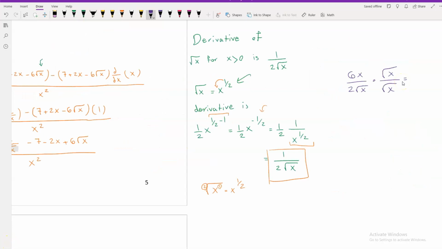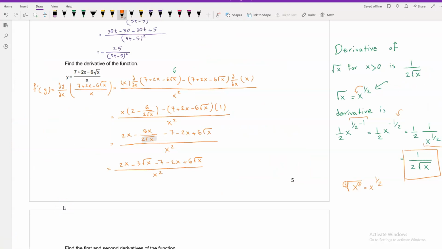So multiplying 6x divided by 2 times square root of x by square root of x, both numerator and denominator, on top we have 6x times square root of x, and the denominator is 2 times square root of x times square root of x, which is x. So simplify: 6 divided by 2 is 3, x divided by x is 1, and we have square root of x. So this is what we have for that part. It's 3 times square root of x. This is what we have here in the numerator.